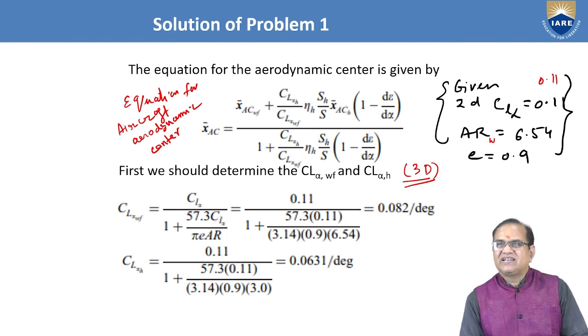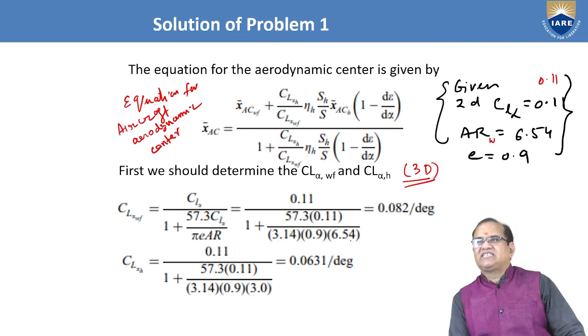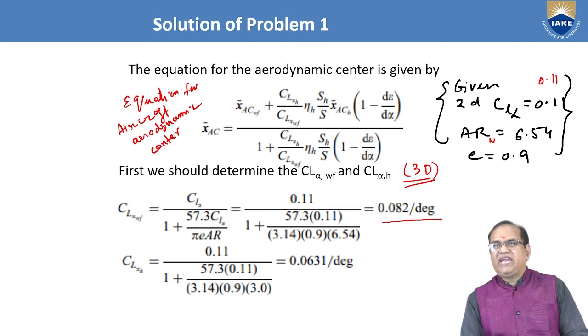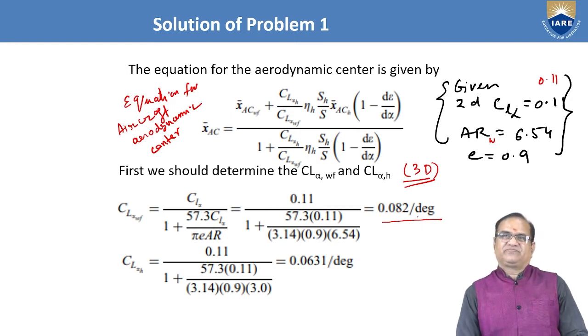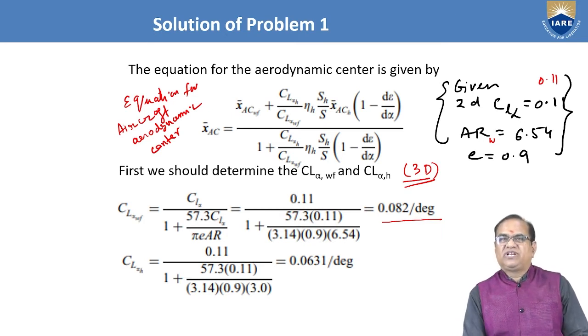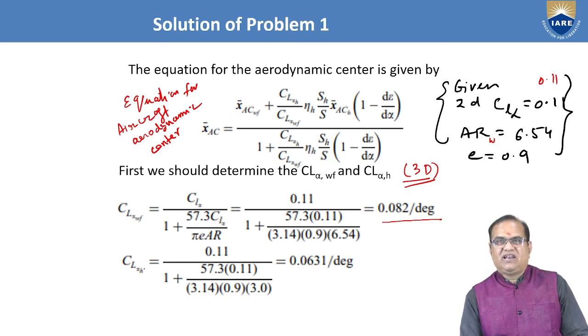E is given here as 0.9 in the problem, and the aspect ratio of the wing is given as 6.54. If you do it like this, we get CL alpha W is equal to 0.082 per degree.